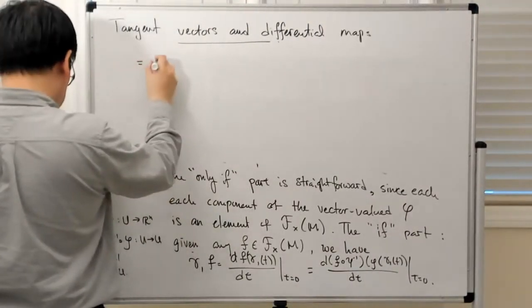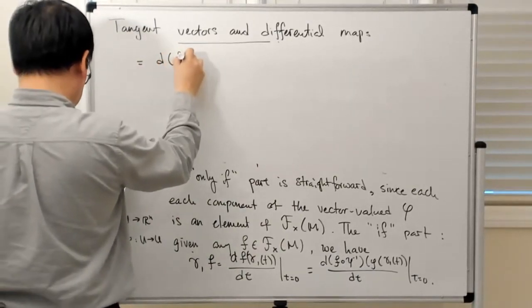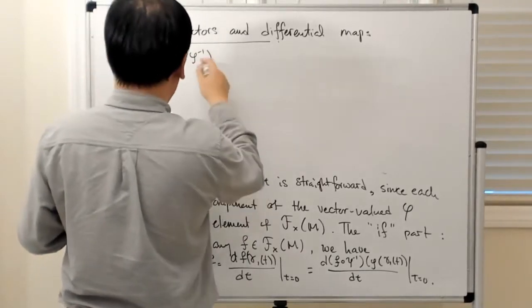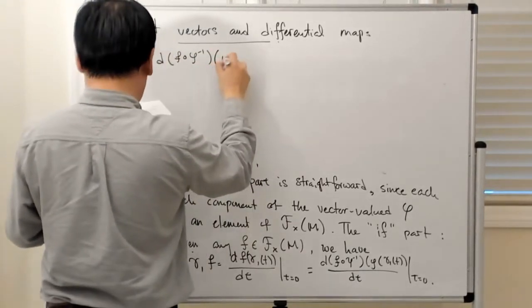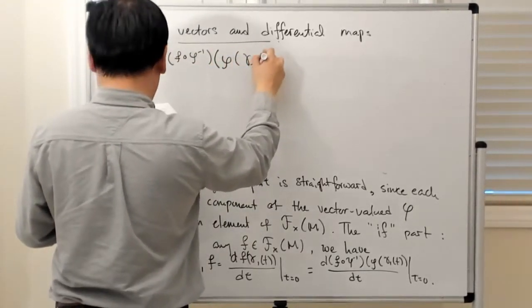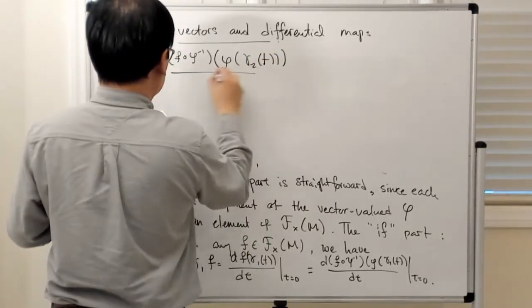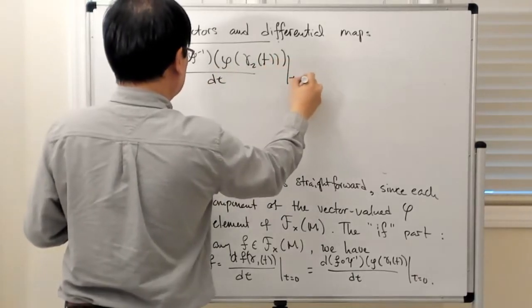That's equal to d of f composed with phi inverse, phi gamma 2 of t, dt evaluated at t equals 0.